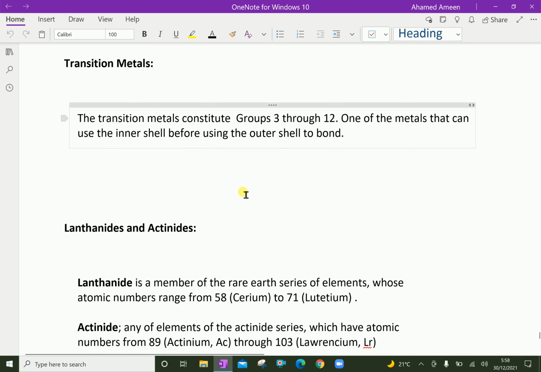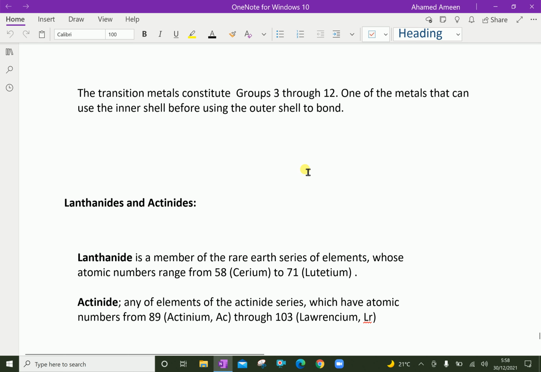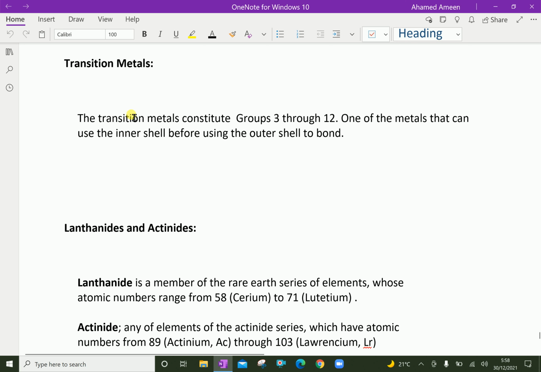Here we will discuss transition metals. The transition metals constitute groups 3 through 12. They are metals that can use the inner shell before using the outer shell for bonding. Next, lanthanides. Now further we will discuss transition metals.